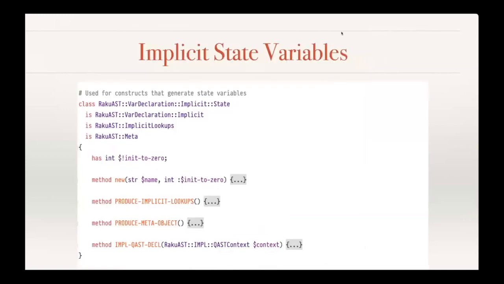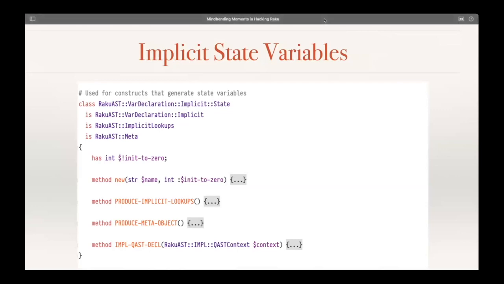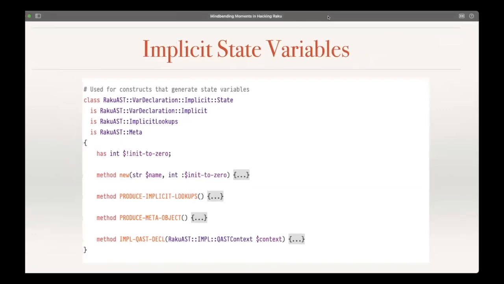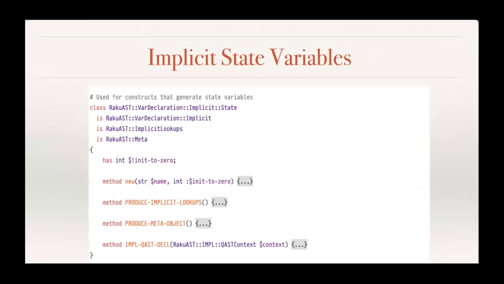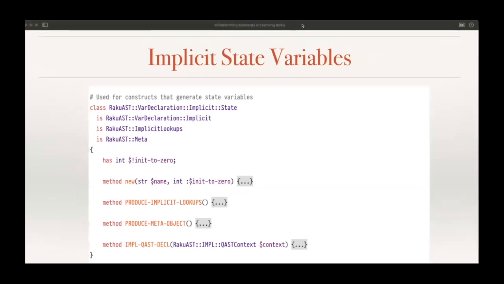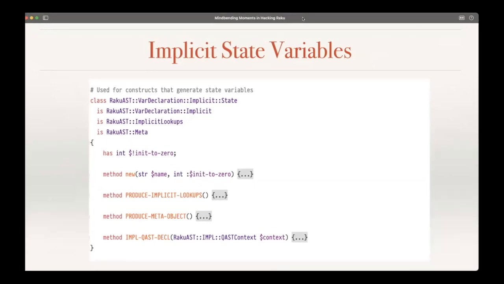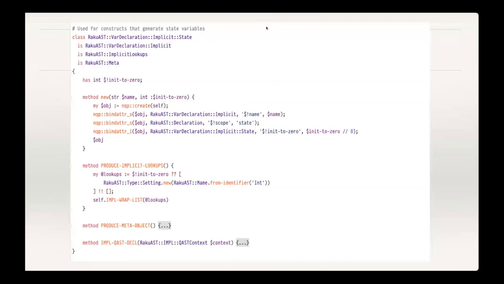I want to just check in about the implicit state variables that are used here, because they're used in both the implementations that we'll be looking at today. And yeah, we have an overview of the class right here. This is all it takes to implement specifically the implicit state declarations. So with new, this is what NQP kind of looks like.